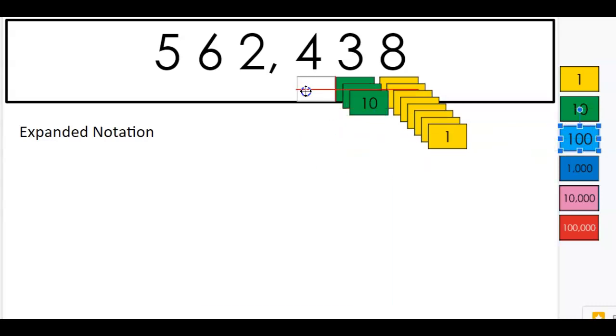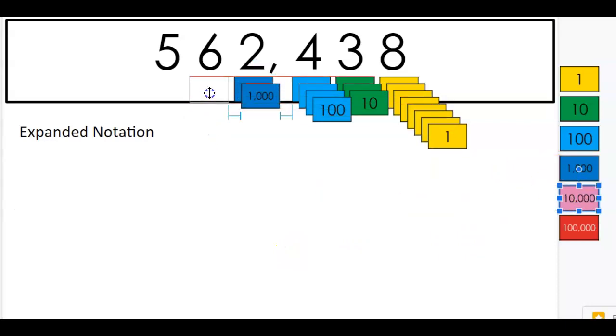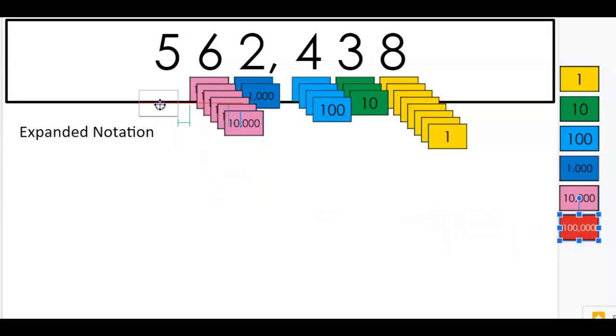I have 4 hundreds. 1, 2, 3, 4. I have 2 thousands. 1, 2. I have 6 10,000s. 1, 2, 3, 4, 5, 6. I have 5 100,000s. 1, 2, 3, 4, 5.